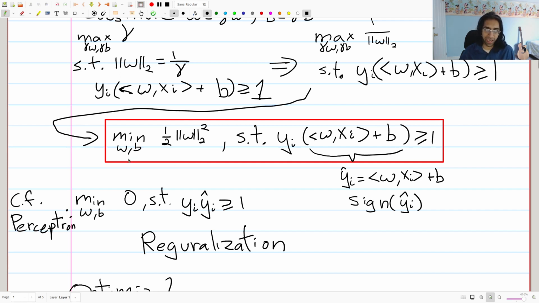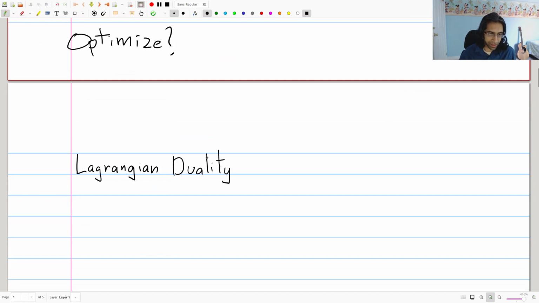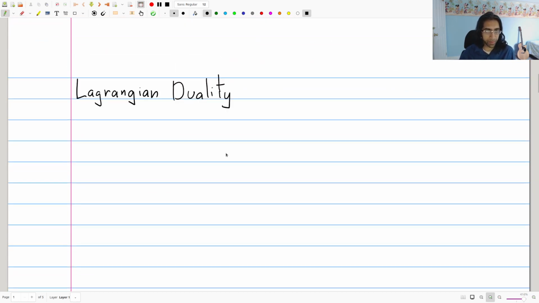But definitely there's a very beautiful duality going on, which will give us additional insights into the problem, and tells us more about the geometric picture of what's going on with this parameter vector W and what it looks like. Good. So like I said, Lagrangian duality. Now this is going to get a little bit more mathematical, I'm warning you now, but I think this is a very important concept.